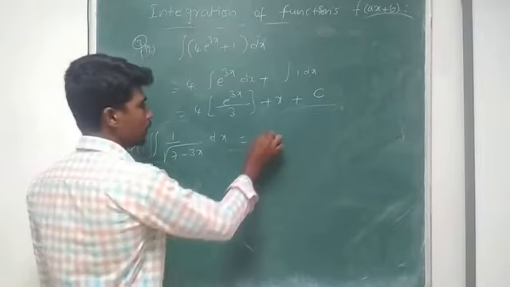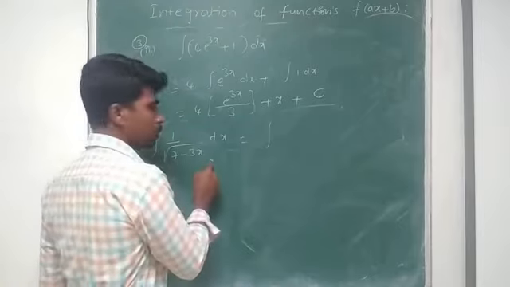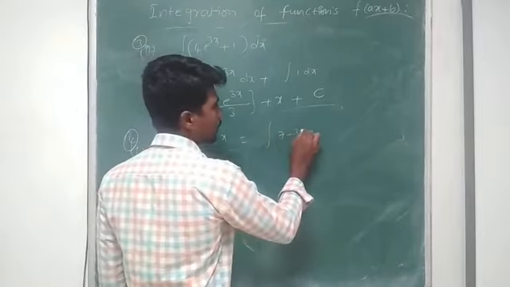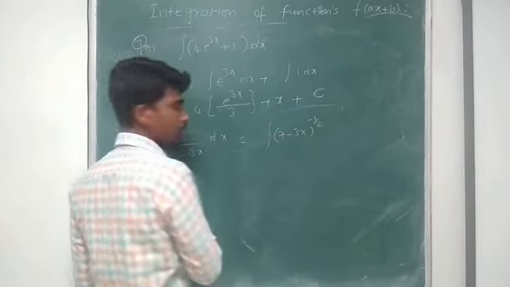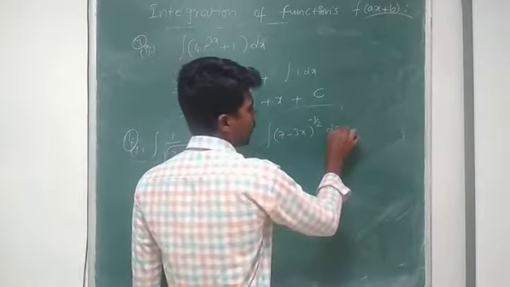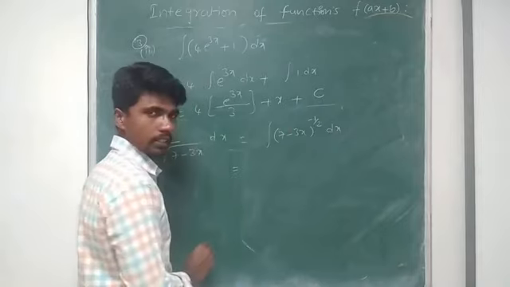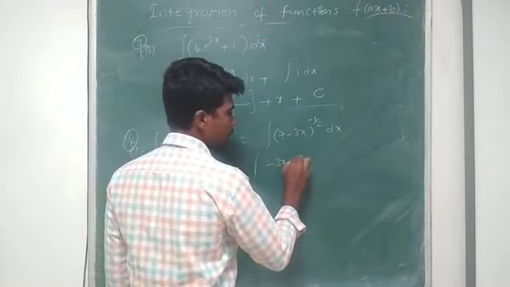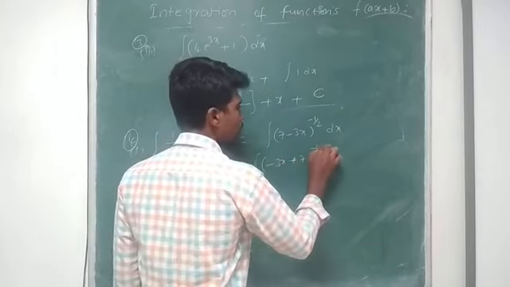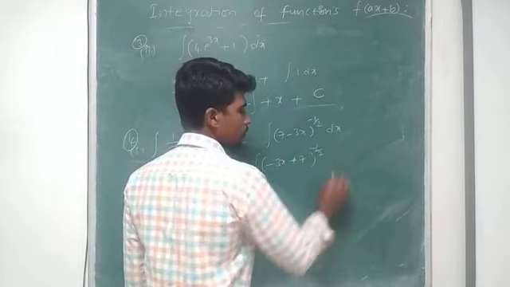Root of 7 minus 3x can be written as 7 minus 3x whole power 1 by 2. Since it is in the denominator, I get power minus 1 by 2 dx. To arrange this properly, we can write it as minus 3x plus 7 to the power of minus 1 by 2 dx.